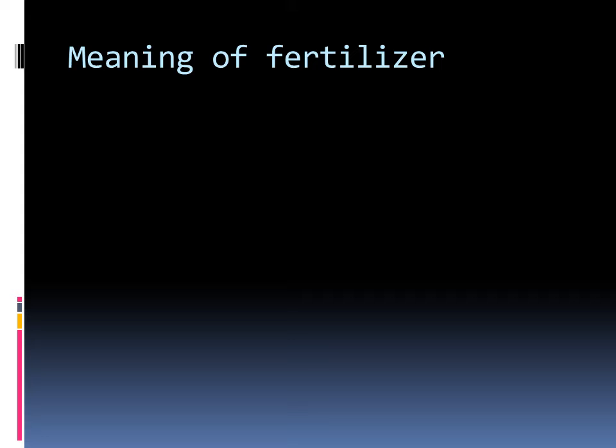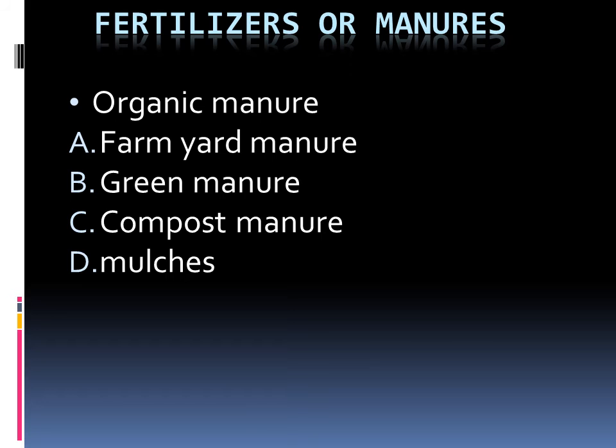Pupils, there are two types of fertilizers. Fertilizers or manures. Now there are two types of fertilizers, that is, 1. Natural fertilizers or organic manure. 2.